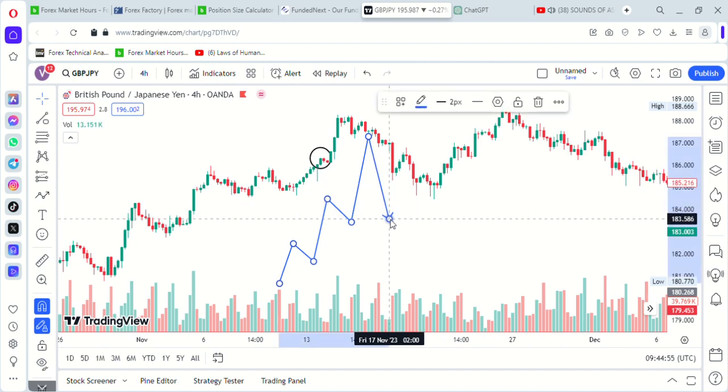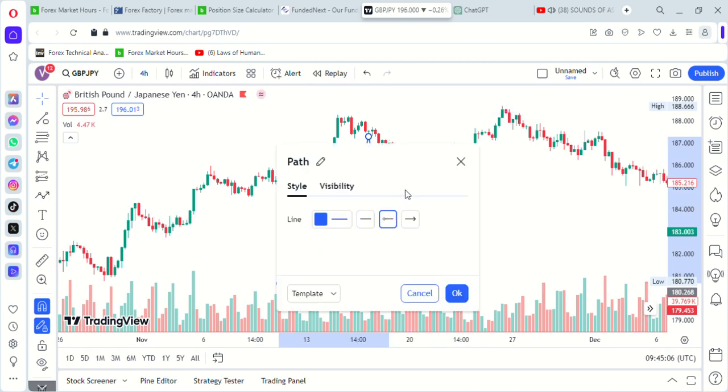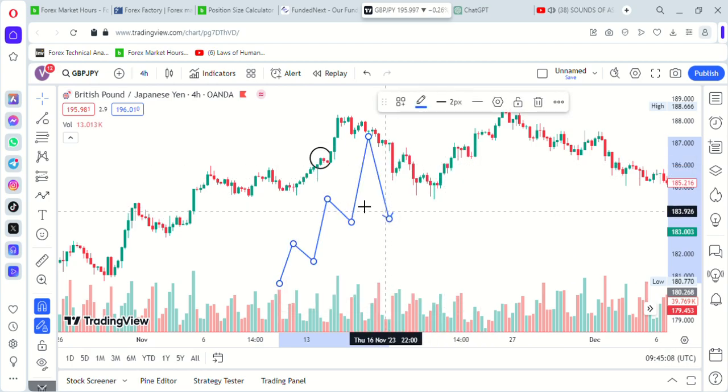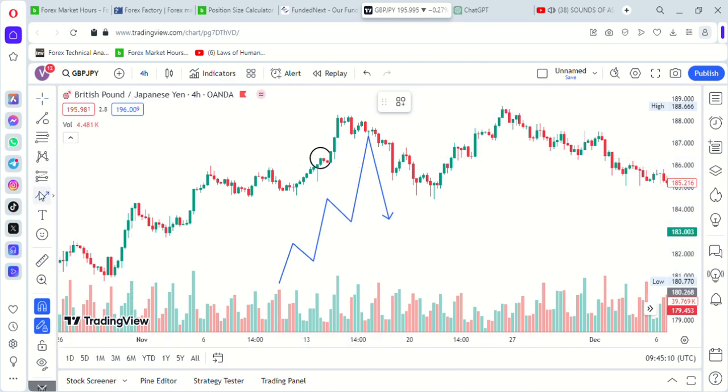The market starts going down. So from here the market starts going down.